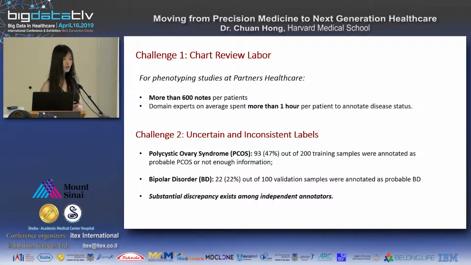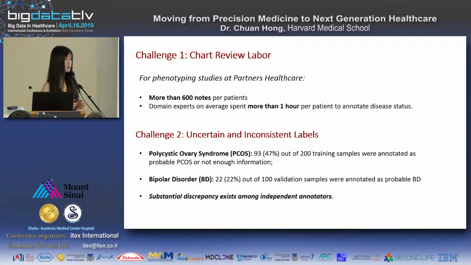The second challenge is uncertain and inconsistent labels. For some diseases that are hard to diagnose, even the physician cannot give the definite disease status, for example polycystic ovary syndrome and bipolar disorder. Especially for PCOS, almost half of the patients do not have definite disease status.